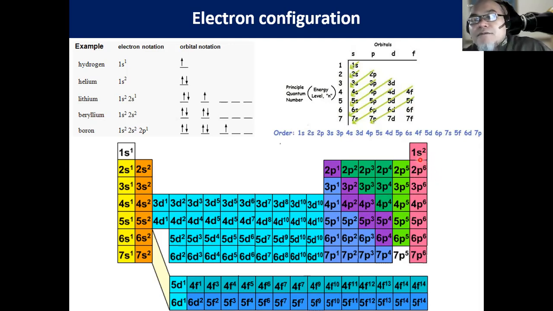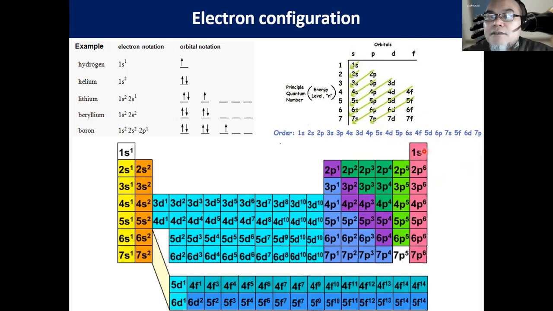For example, in the first row, this is helium, which has an atomic number of 2. It has 2 electrons filling all of the s subshell of the first shell. It can fill up to 2 electrons, so it has 1s2.